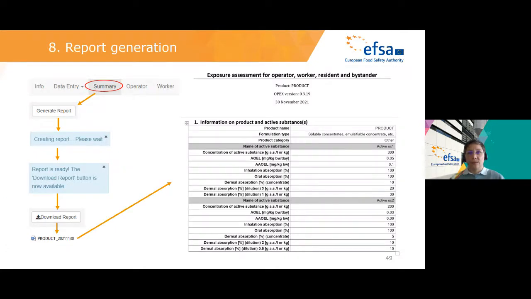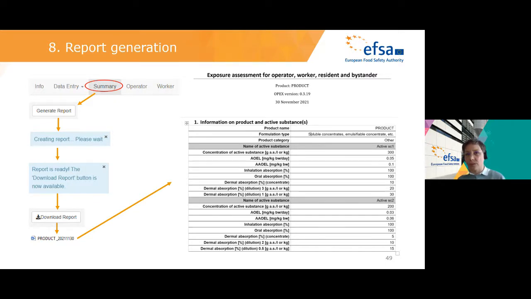And finally, when you are happy with the calculation provided and you want to print them or keep a record, in the Summary tab, you can find the option Generate a Report, and then you will have the message on the lower right corner of the screen, creating report, please wait. And then when the report is ready, you will also have the message that the report is ready.